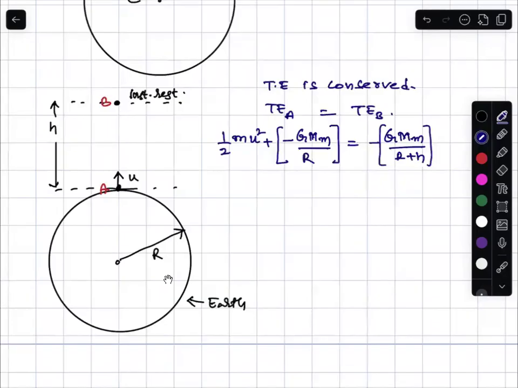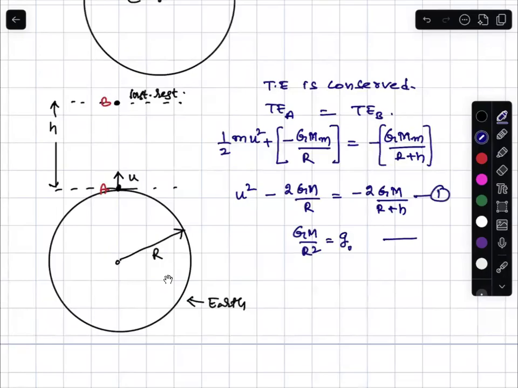U square by 2 minus GM by R is equal to minus GM by R plus h. By solving, you will get a relation. By the way, wherever you have GM by R square, you can write it as g also. Remember, when I am writing g, it's on the surface at the pole. So this is equation 1 and this is equation 2.